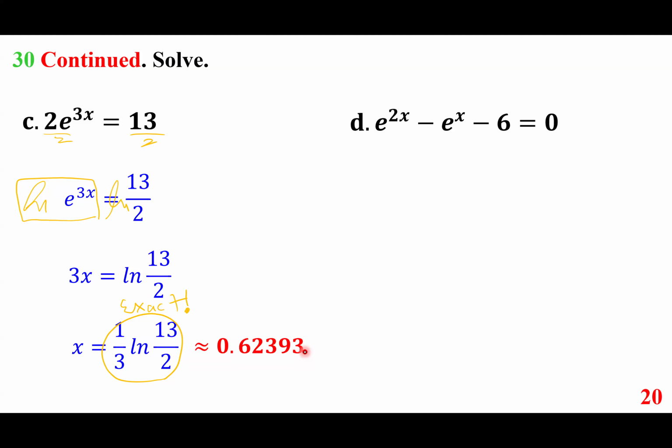Now, to do this equation, you have two choices. You can go by substitution if you let e to the power of x, for example, be any variable of your choice. Of course, except x. Let's say this is y. Then this is y squared.